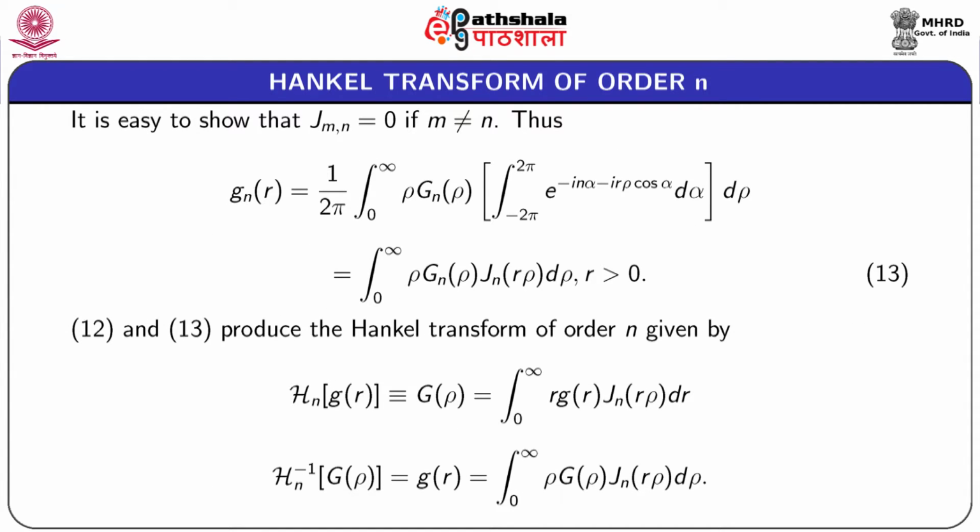Now, it is easy to show that j mn is equal to 0 if m is not equal to n.